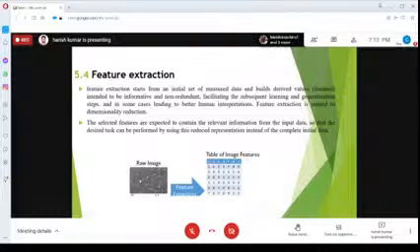If it is RGB color, the value may differ, or if it is a grayscale image, the value may differ. For each pixel, the value also differs because of the light intensity, the brightness of the image. In feature extraction, the derived values are intended to be informative and non-redundant, facilitating the subsequent learning and generalization steps, and in some cases leading to better human interpretation.